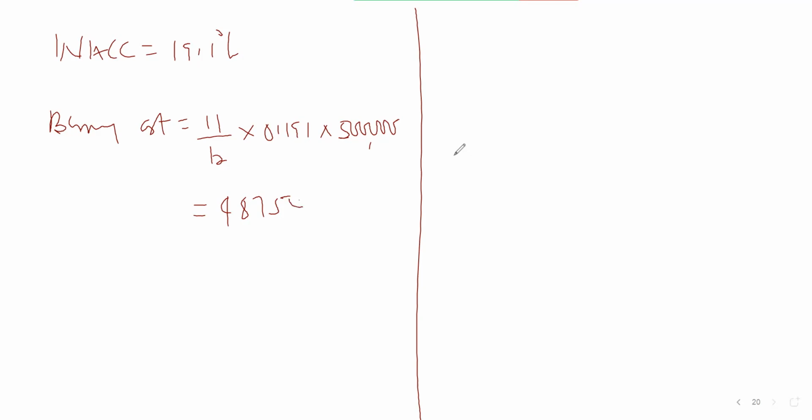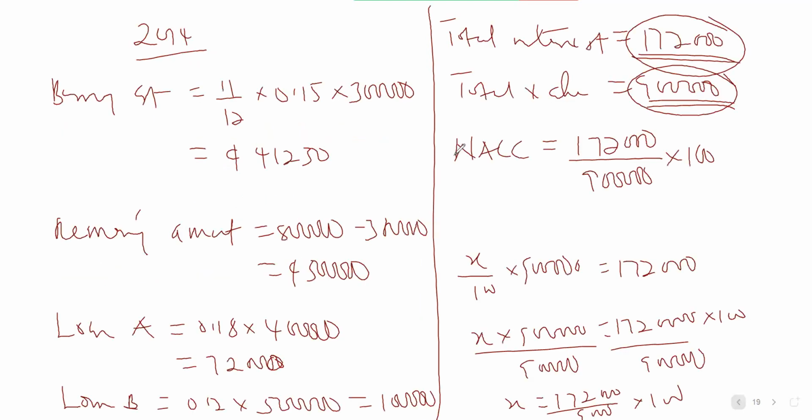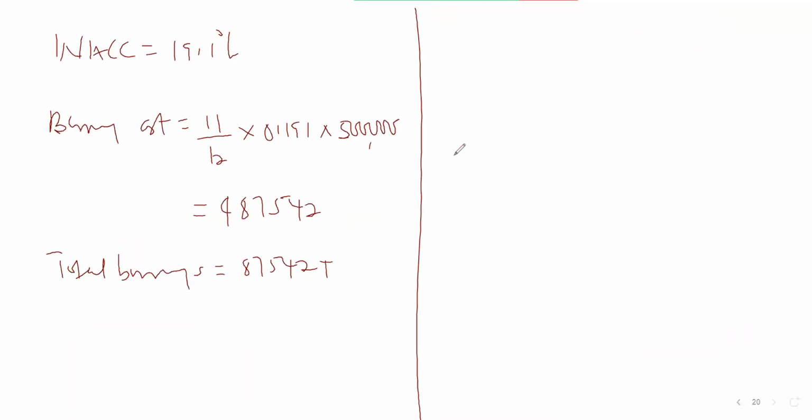Okay. Confirm. So let's look at the total borrowing cost for this year. For 2014, the total borrowing cost will be the 87,542 plus the specific borrowing cost, which will be 4,125. That will be the total borrowing cost.